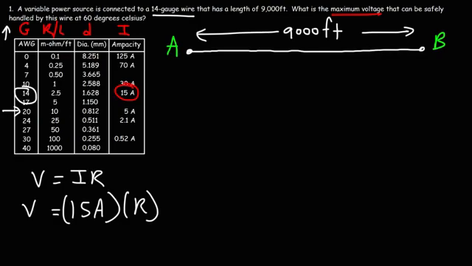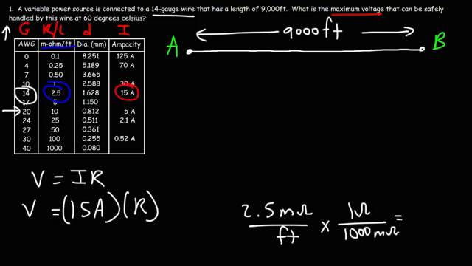How can we determine that? Well, for a 14 gauge wire, we can determine the resistance per unit length, which is in milliohms per foot. And that's going to be 2.5. But let's convert that to ohms. So we have 2.5 milliohms per foot. And there's 1,000 milliohms per 1 ohm. So this is going to be 0.0025 ohms per foot.